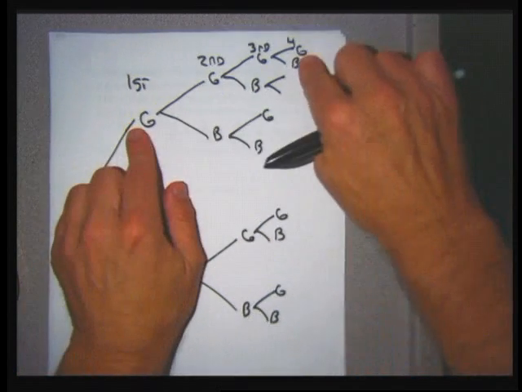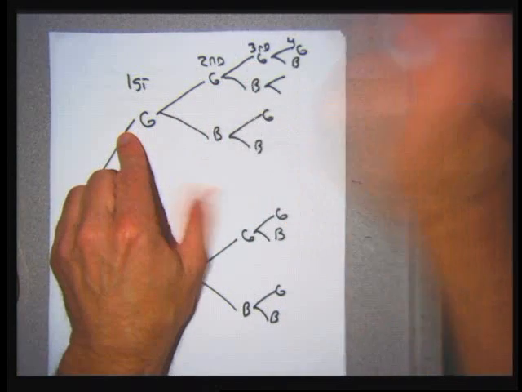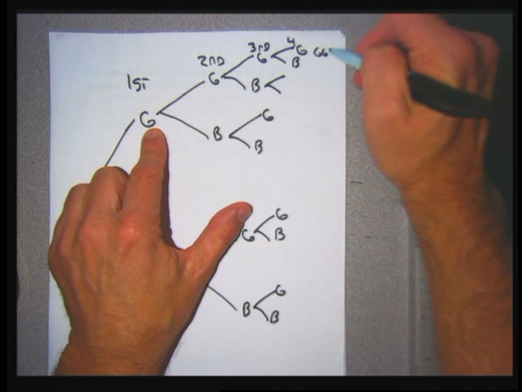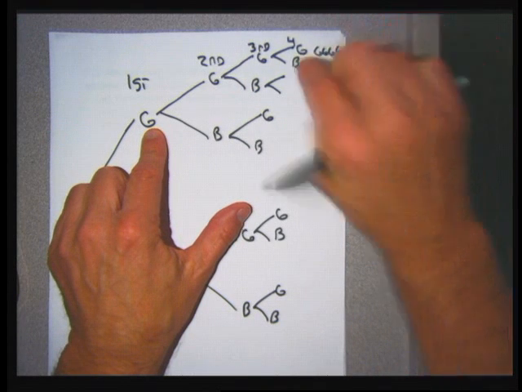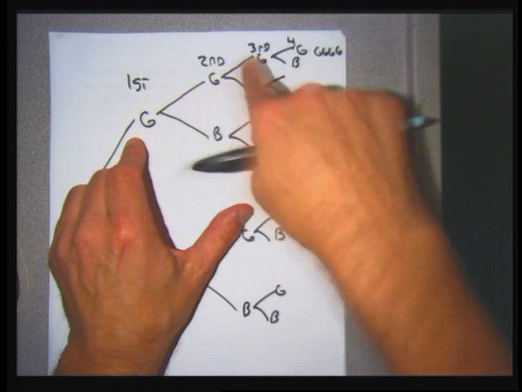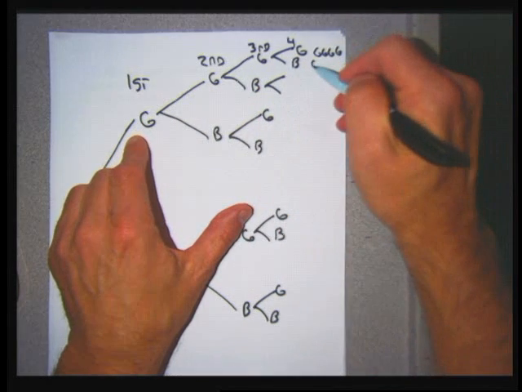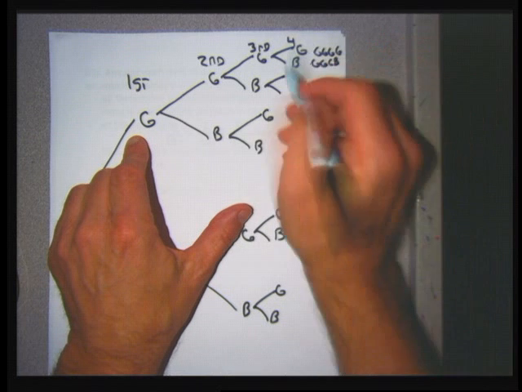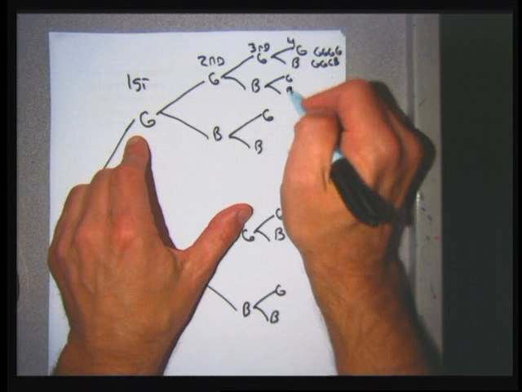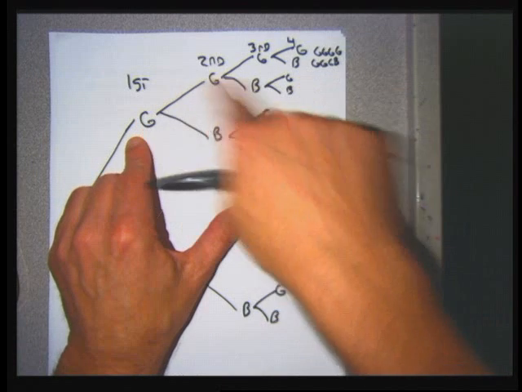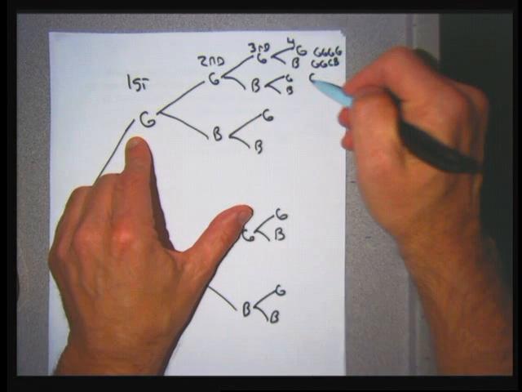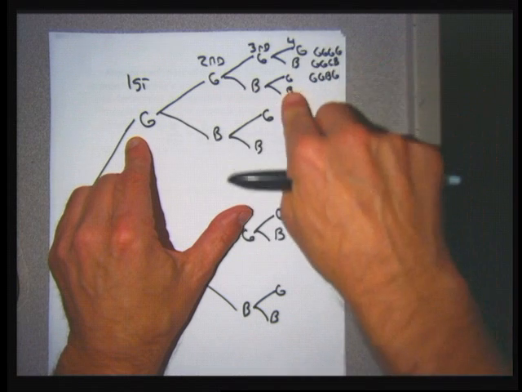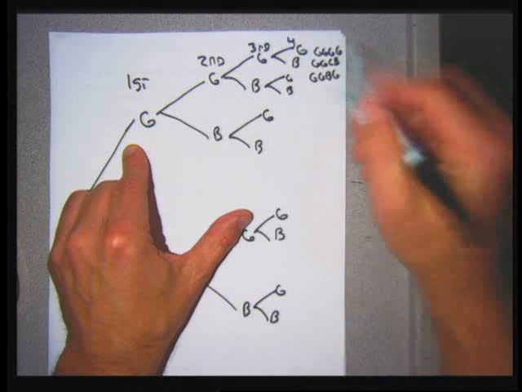And let me just start cleaning these up. So this G right here is G, G, G, G. So it's all 4 girls. So girl, girl, girl, girl. This B is girl, girl, girl, boy. And then I'm going to put a GB here. This G right here is girl, girl, boy, girl. This B right here is girl, girl, boy, boy.